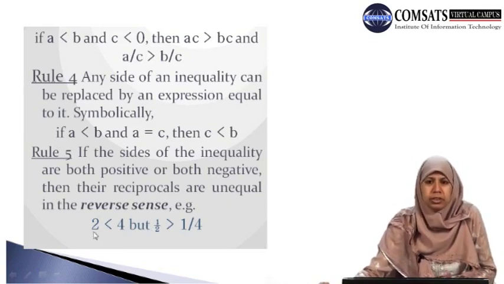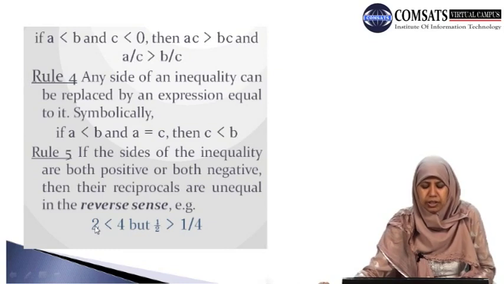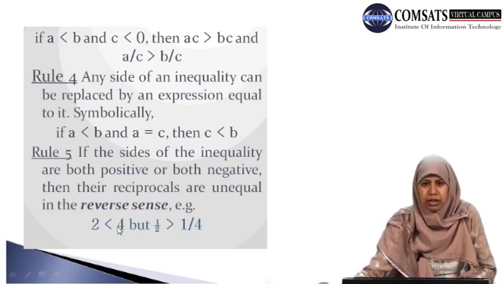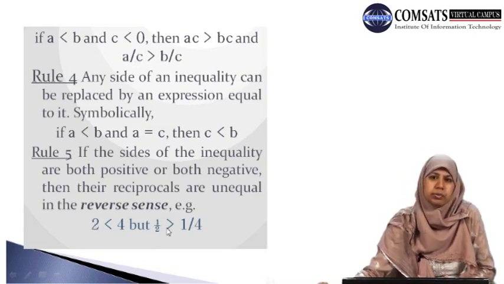Then what will be the relation between their reciprocals? We know 2 is less than 4. So the reciprocal of the left side will be greater than the reciprocal of the right side. That is, 1 by 2 will be greater than 1 by 4.